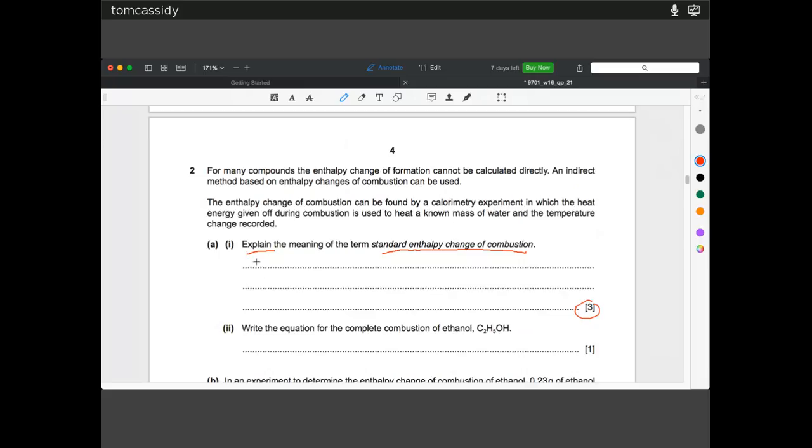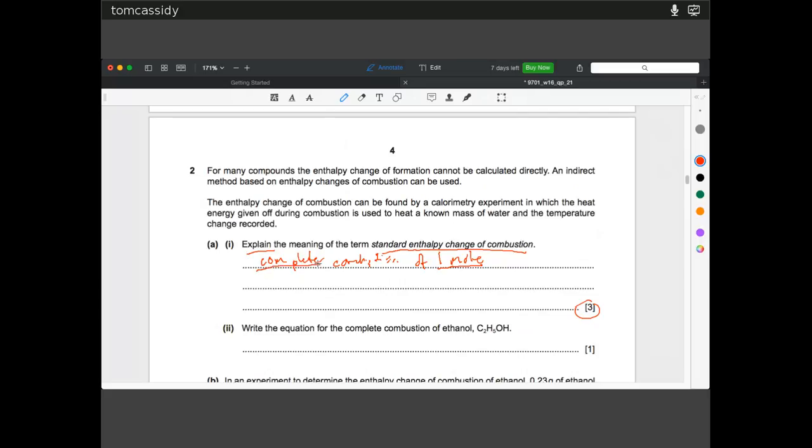And the 3 points that you're looking for: the enthalpy of combustion is you want to have complete combustion of 1 mole. My pen's not working very well. In a lot of these standard enthalpy change definitions, you'll find that you're talking about 1 mole, and here we're talking about combusting 1 mole, but we want to make sure that we're completely combusting it.